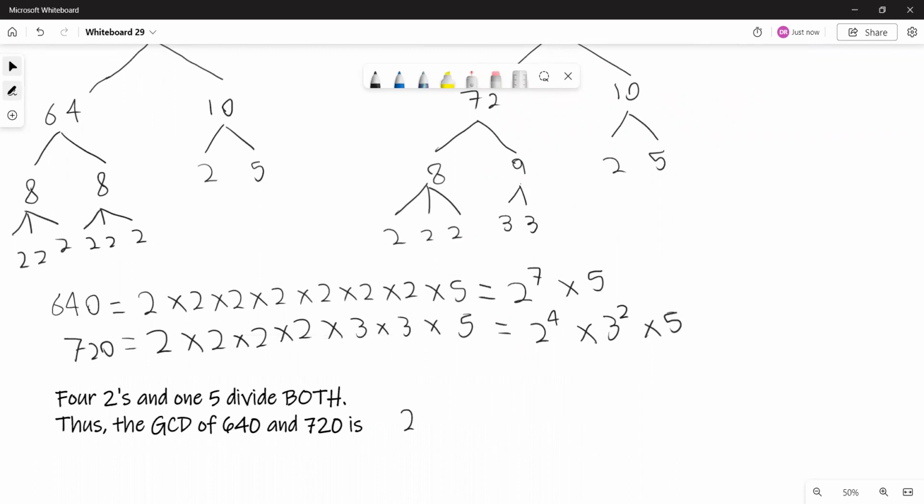So that's the product of 4 twos and 1 5. The product of 4 twos is 16. 16 times 5 is 80. So that's going to be the greatest common divisor of 640 and 720.